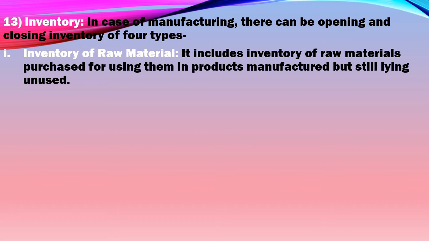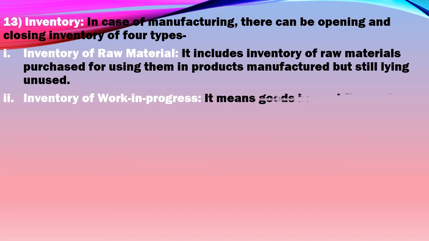Like you have bought planks, wood, or other raw materials like leather or cloth for making furniture. So these raw materials which you are using for making a finished product are lying unused. So this is the closing of raw material, and then next year will be the opening of inventory of raw material.